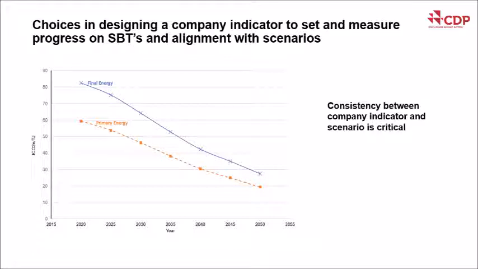In all cases, the indicator calculated by a company should align as perfectly as possible with the indicators derived from the scenario. This is really important. But although this is critical for the robustness of the methodology, the issue we are concerned with here is that, as we see in this graphic for these two curves, there are many ways of building an indicator.